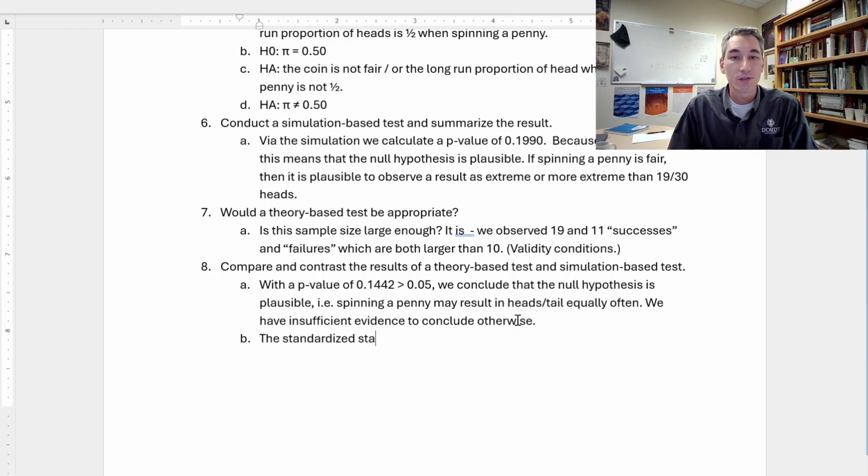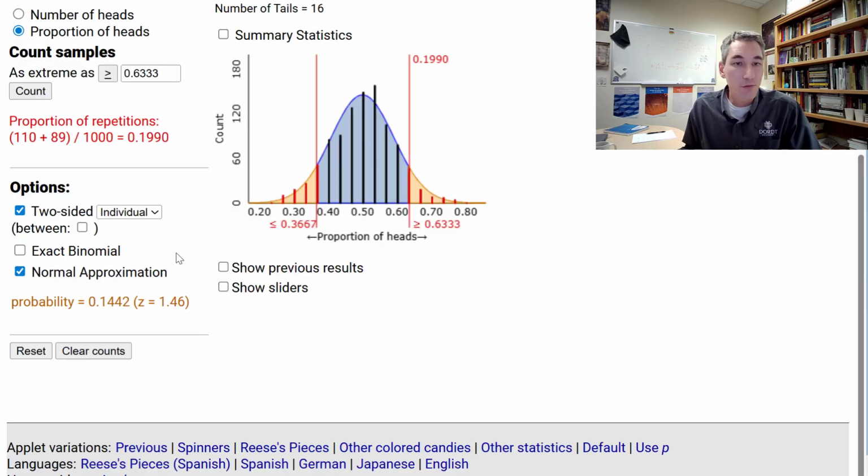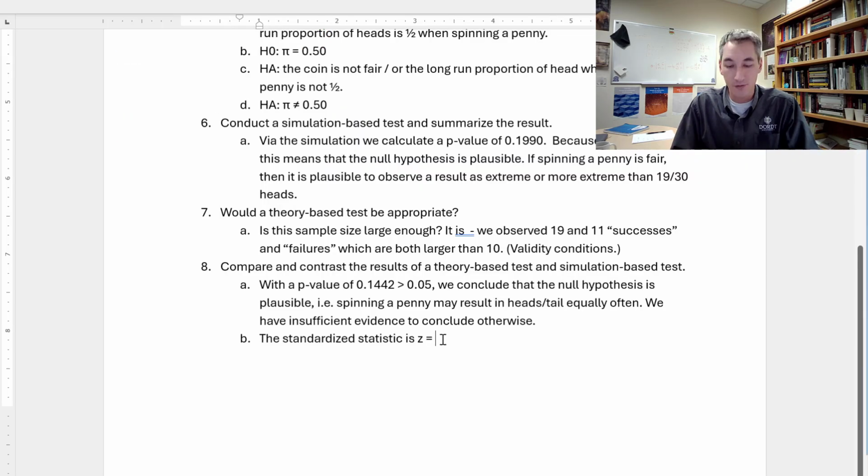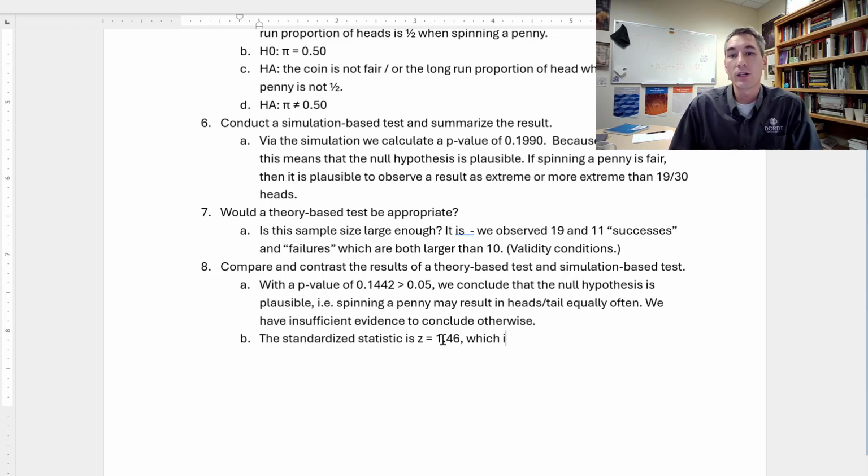Another thing you can do is say the standardized statistic is z equals 1.46, which is less than 2. So we do not have sufficient evidence to reject the null hypothesis.